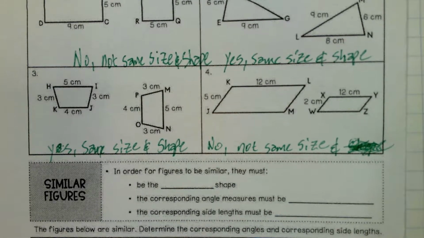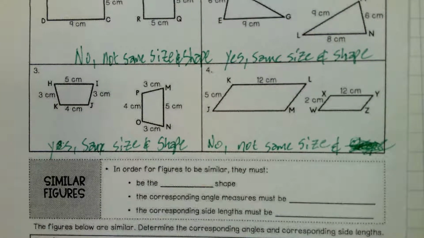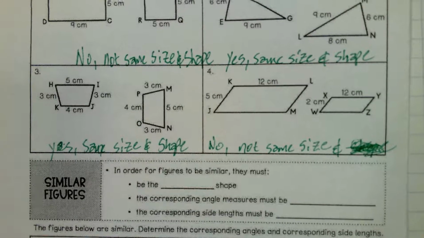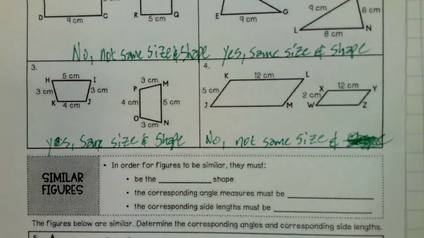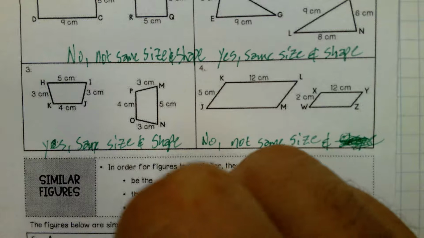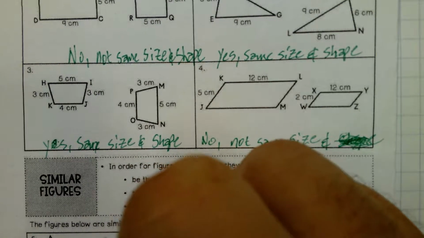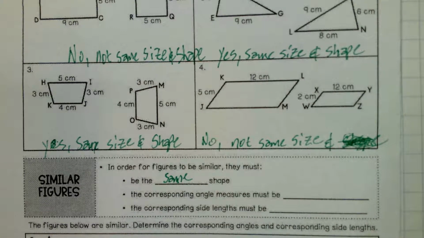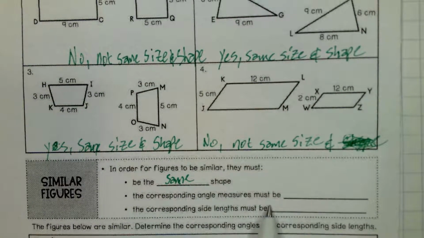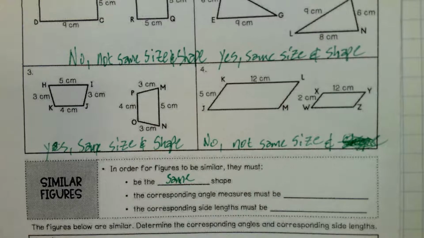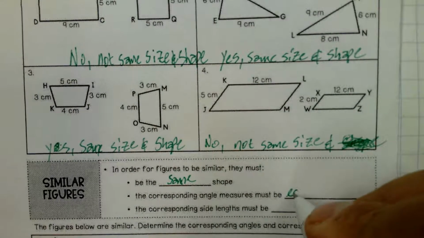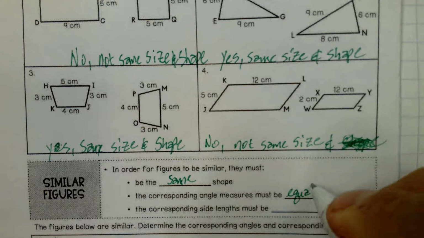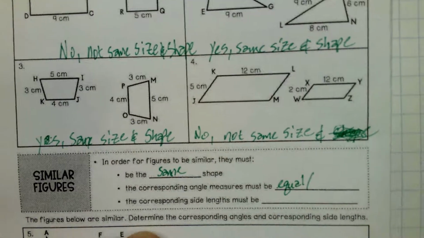Now, the other quality that we're going to focus in on is when objects are similar. So, in order for figures to be similar, they must be the same shape. The corresponding angle measures must be equal. Another word for equal is congruent.